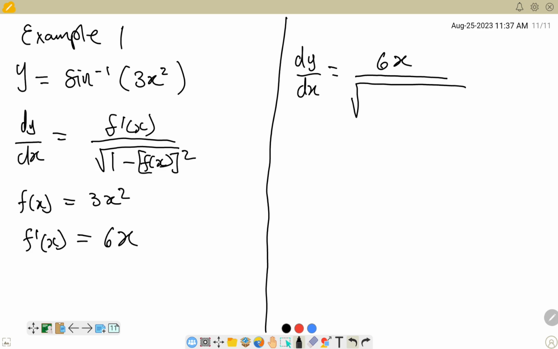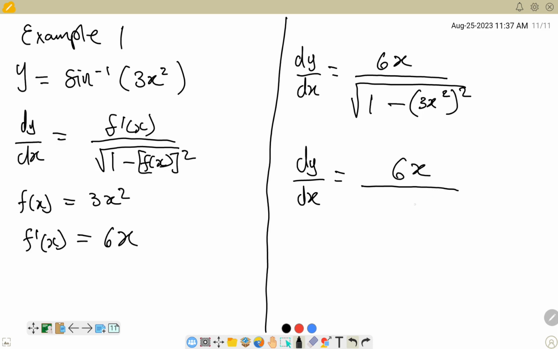The square root is there, 1 minus, then we substitute our f of x, which is 3x squared, but the formula has a square also. Then we have to simplify our answer, because in mathematics, our answers have to be left in their simplest form. So 3 squared is 9, x squared is x to the power 4. So we are done with differentiating arcsine.